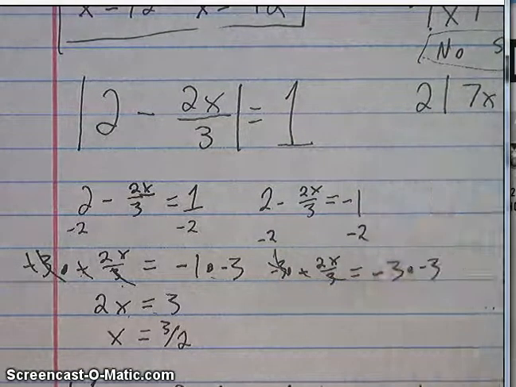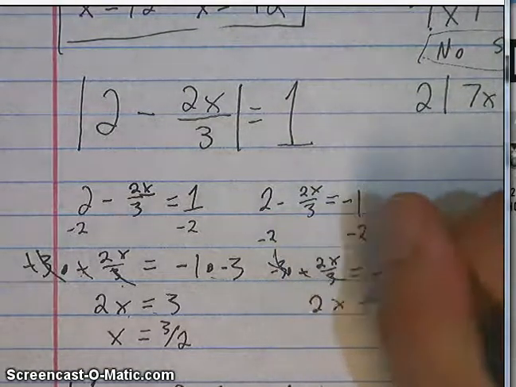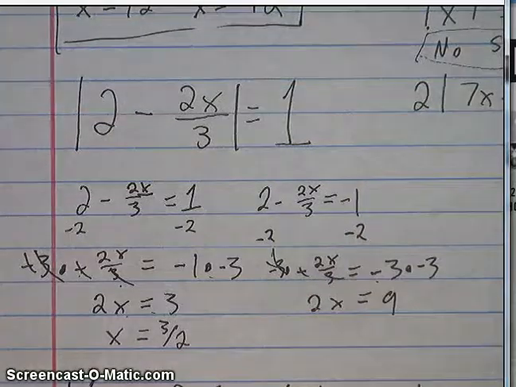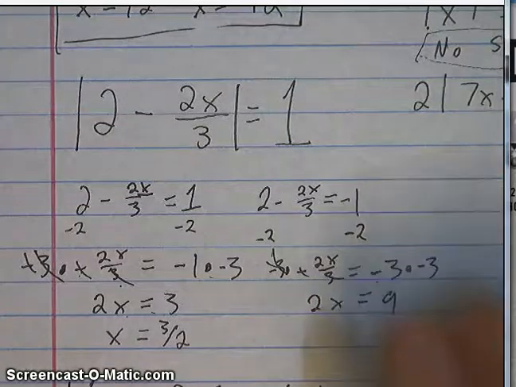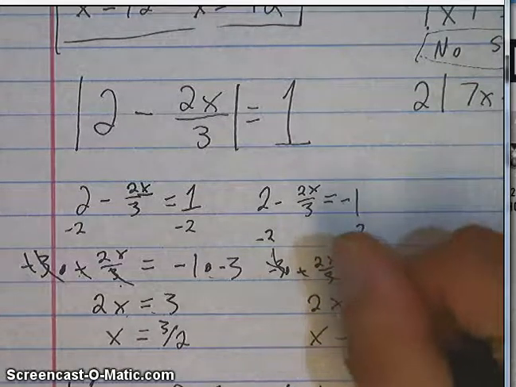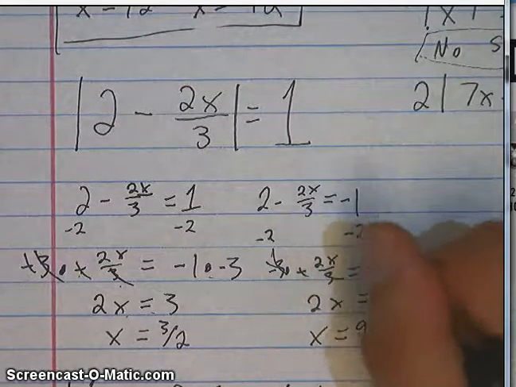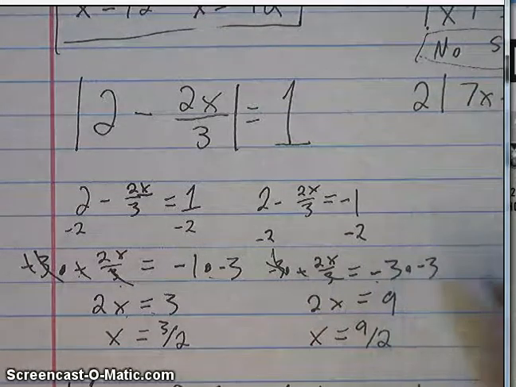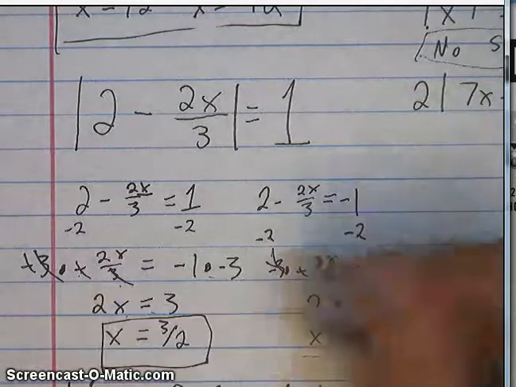That 3 cancels out with that 3. So I've got 2x equals, now it's going to be positive 9. And to get the x by itself, you divide by 2 to get x equals 9/2. And so the two solutions here are x equals 3/2 and x equals 9/2.